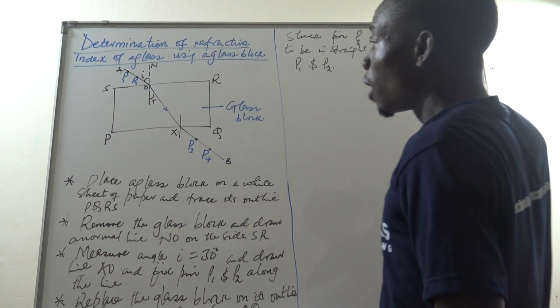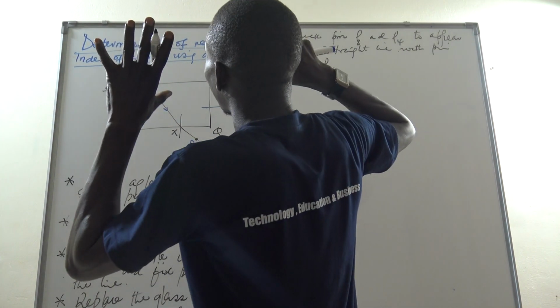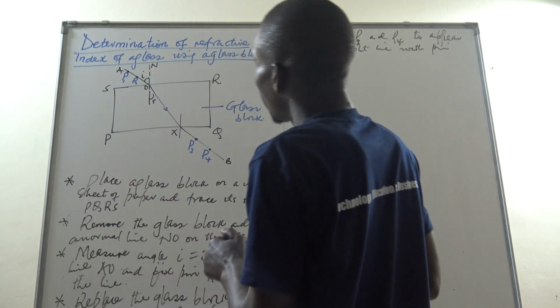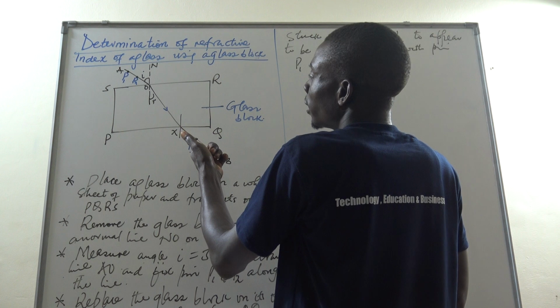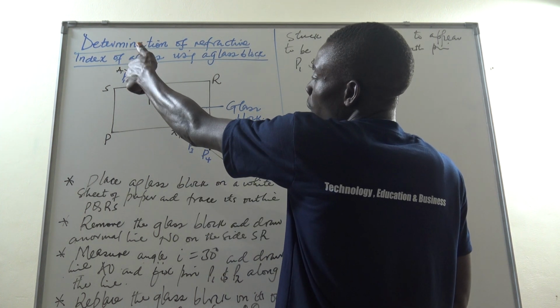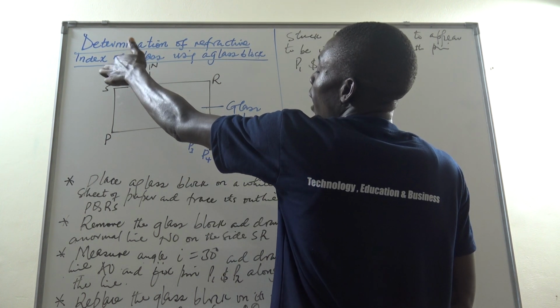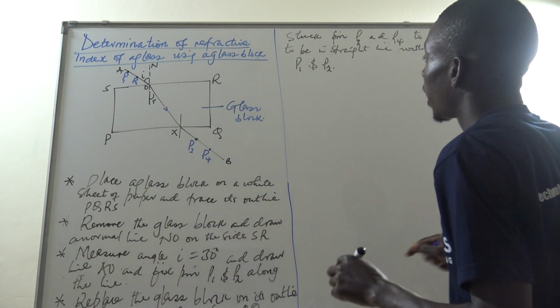So now, after drawing this, replace the glass block on its outline and then come from this other side. You put pins such that the pins appear to be in a straight line with P1 and P2. Put pin P4 and P3.